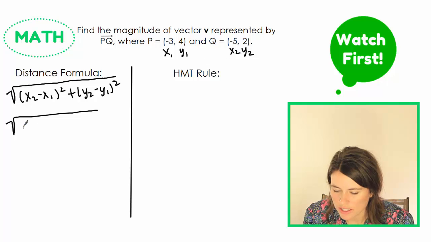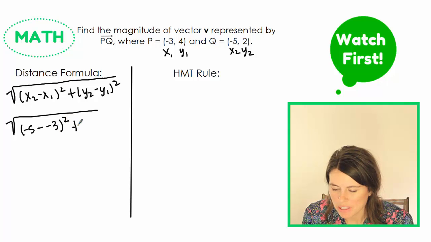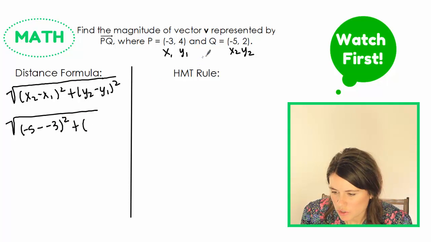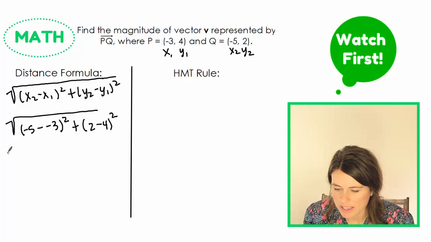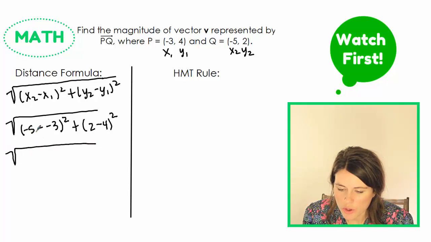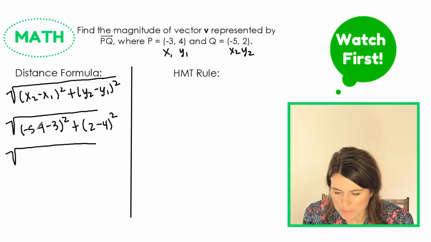So our x2 is -5 minus our x1 is -3 squared, plus our y2 is 2 minus our y1, which is 4 squared. And then we just simplify this. So we have -5 minus -3. That's going to become an adding. So that's going to be -2 squared.